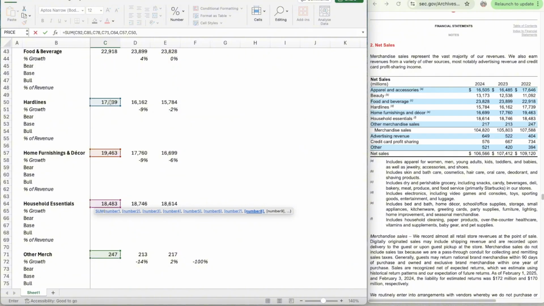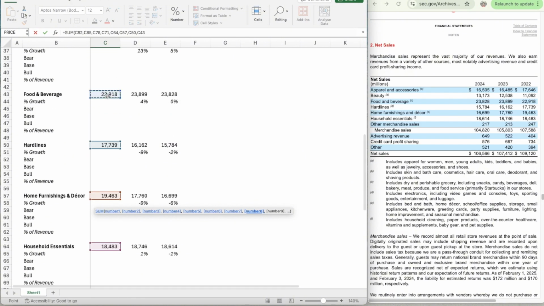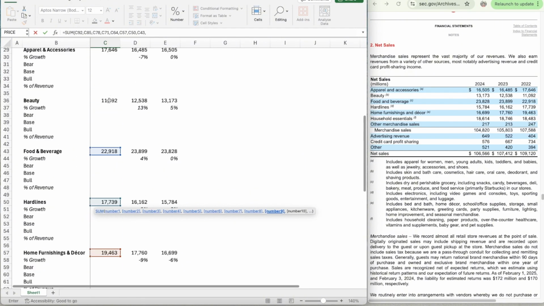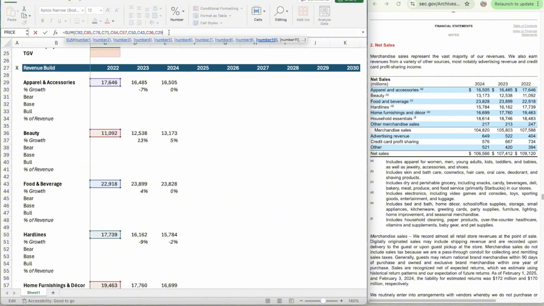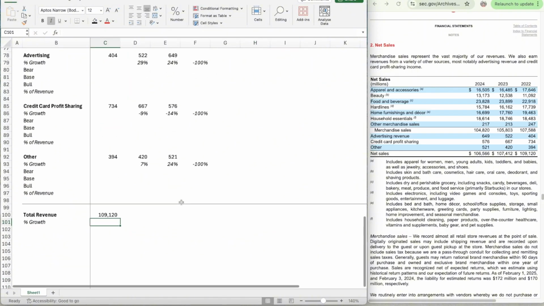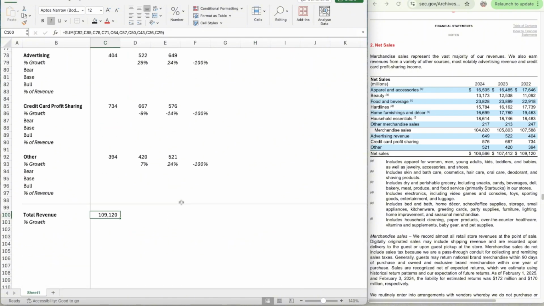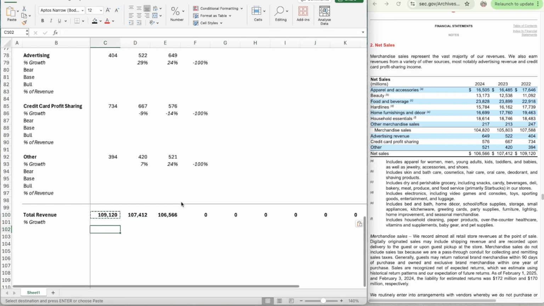For this one, there's so many. Sorry, I'm using the mouse. $109 billion. Yep, got it right. Pull it all along.